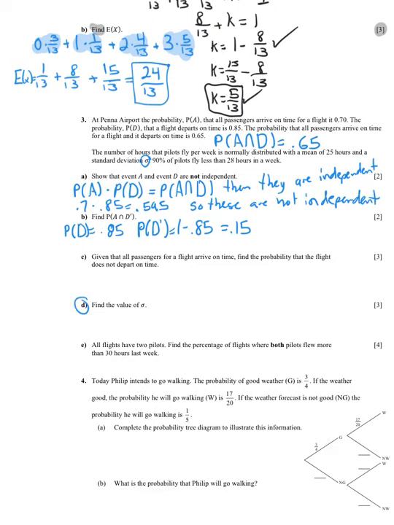Okay, now I have the probability of A is 0.7, probability of D is 0.85. So now the probability of A but not D. We can do the probability of A is 0.7, and then, what was it?